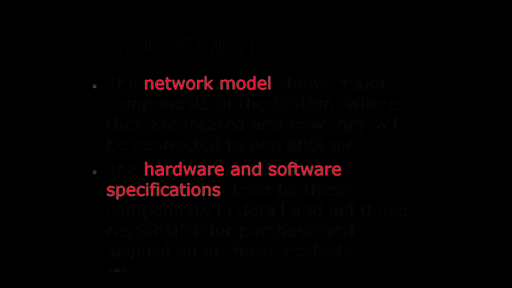So the next term is hardware and software specifications, which describe these components in detail and aid those responsible for purchase and acquisition of these products. Means the type of network that needs to be established must require some specifications based on hardware and software.